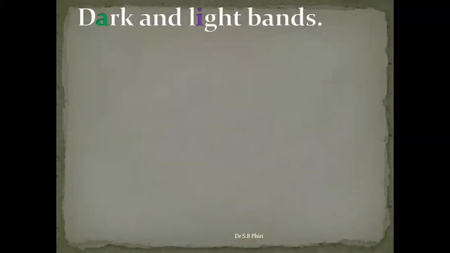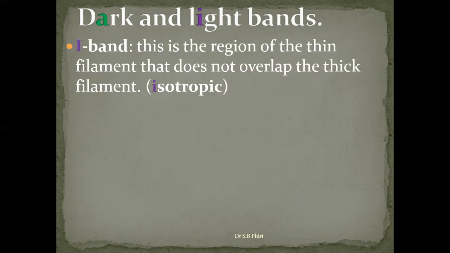So remember, we said when you are viewing the sarcomere under an electron microscope, you're going to see dark portions and light portions, which are referred to as dark and light bands. So why do you have dark and light bands? In the word light, there's an I here. So that I is the I band, but it doesn't mean that this I is coming from the letter in the word light.